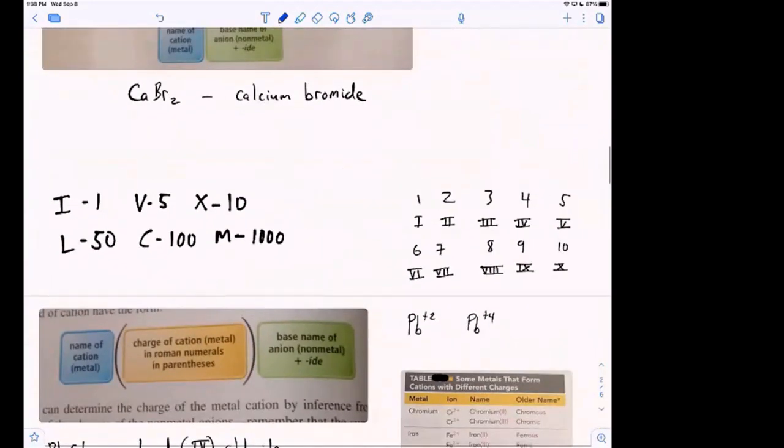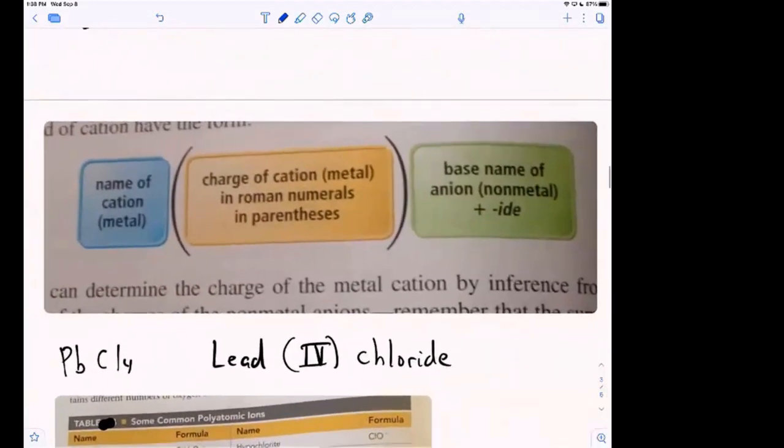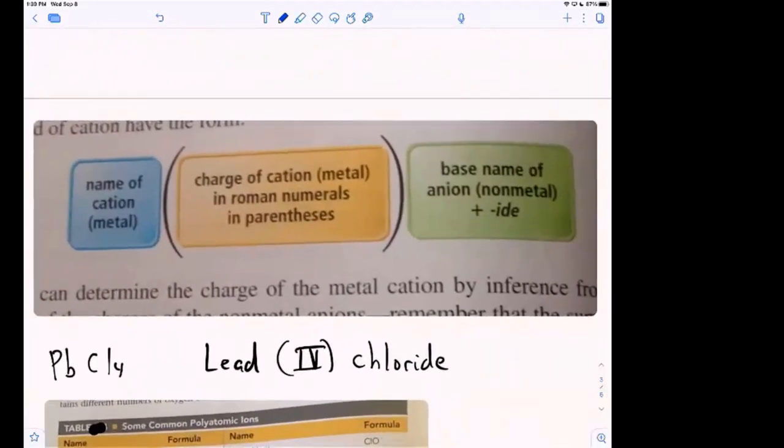Okay, and what about things that have more than one ion? So many metals have more than one ion, and how do we distinguish them? The metal doesn't change its name, at least in the current formal way of saying things.